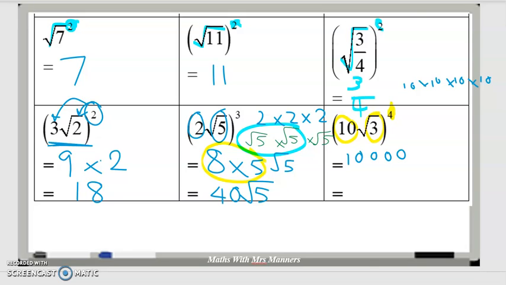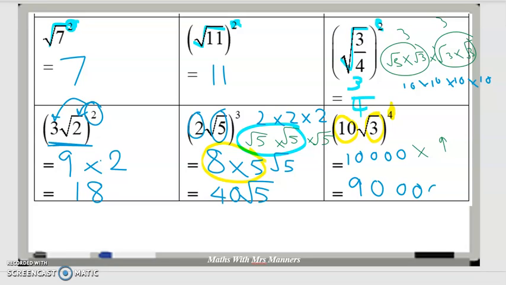Then I need to do the same with root 3, except root 3 is a little easier. Root 3 times root 3, that gives me 3. And then if I do it again 2 more times, that'll give me my 4. These give me 3, and 3 3s are 9. So in the end, I get 10,000 times 9, which is 90,000.